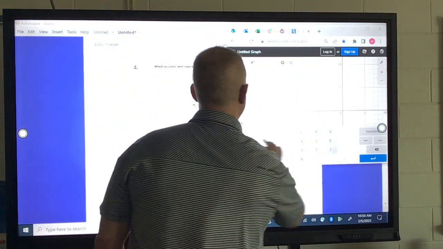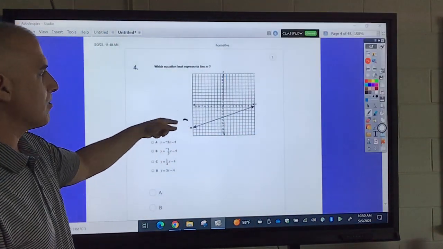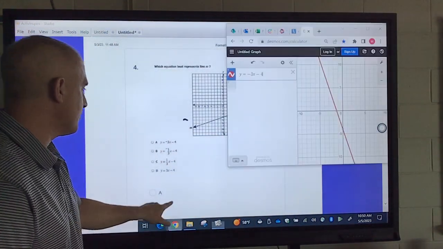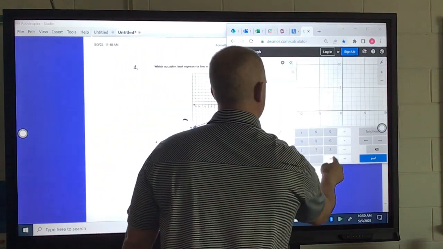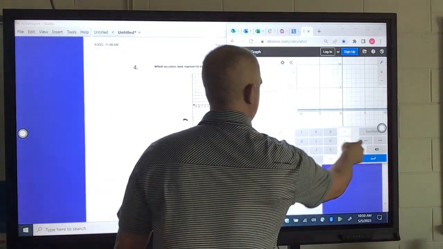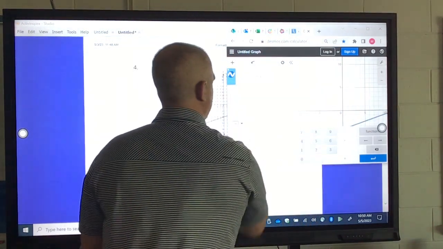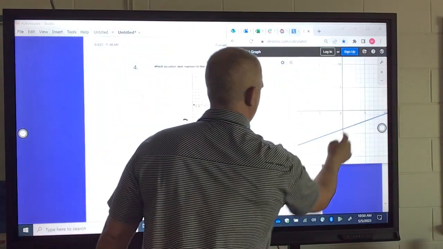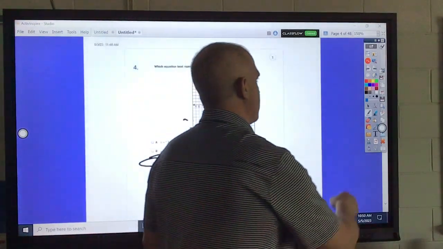If I put this one in, it doesn't even look like my graph here. Now the answer is going to be C, because when I type in y equals 1 divided by 3, click over here for x, minus 4, look at my picture, that crosses right at -4, about the same shape, so that's C.